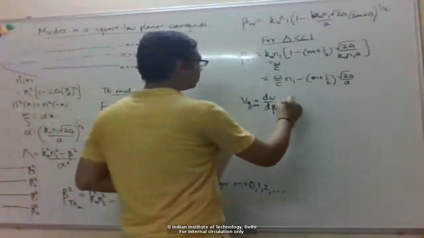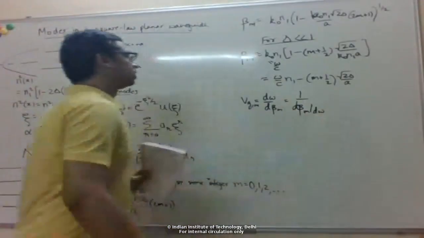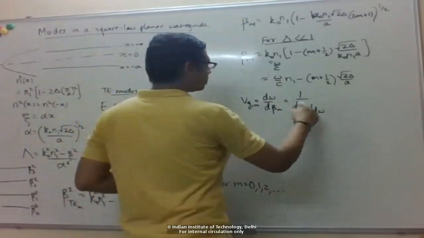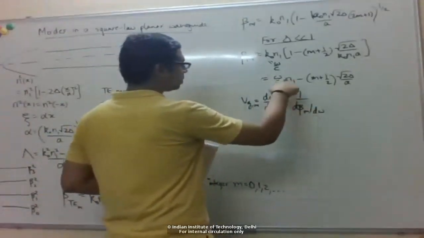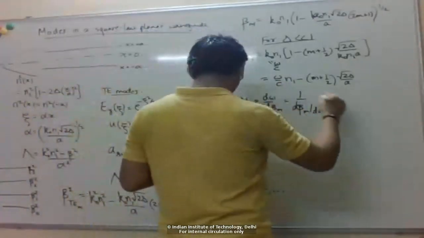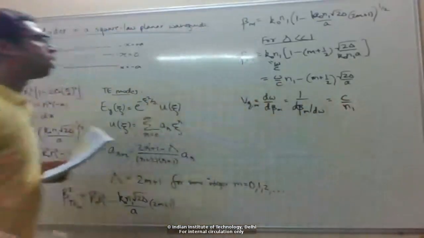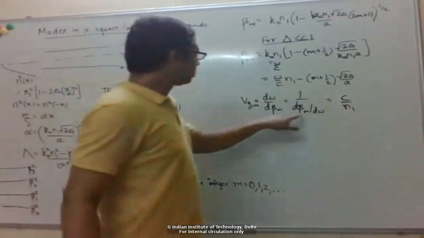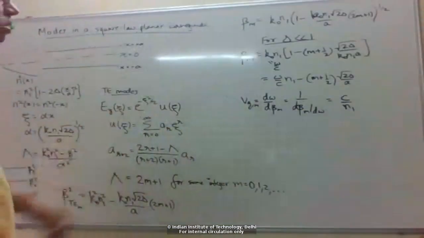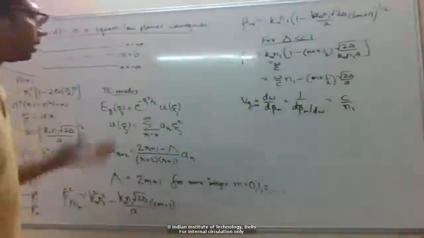So if you look at d beta m by d omega here, that is just a constant because it's a linear dependence. So this is just c over n1. So it does not depend on the mode index, which means that different modes are traveling at the same speed. It does not depend on modes.